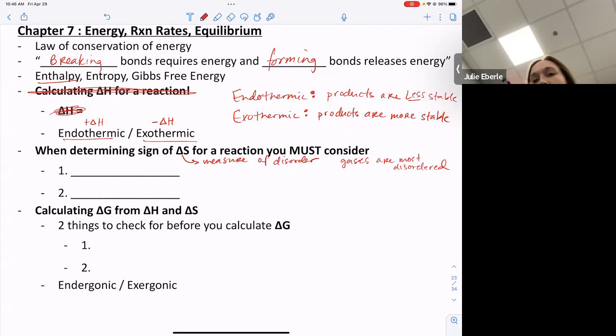So when determining the sign of delta S for a reaction, you must consider your states of matter.